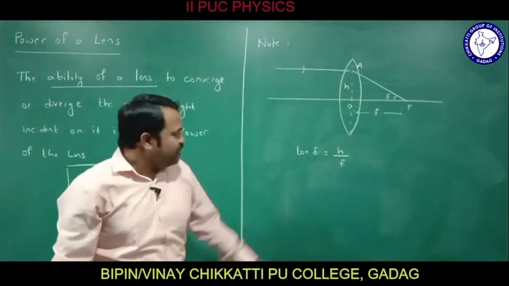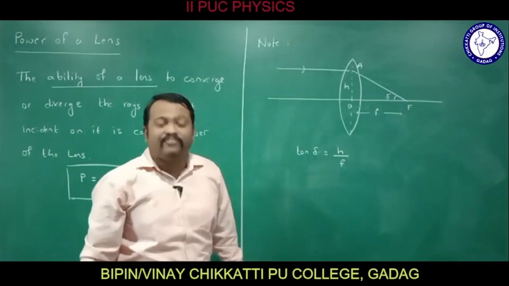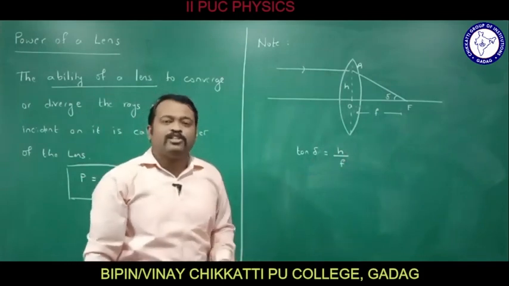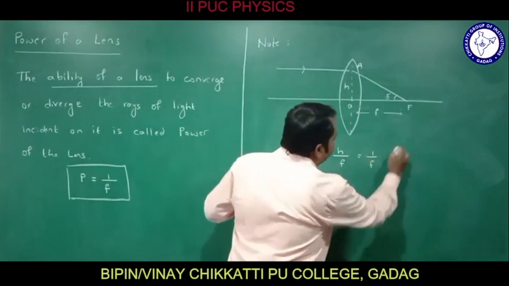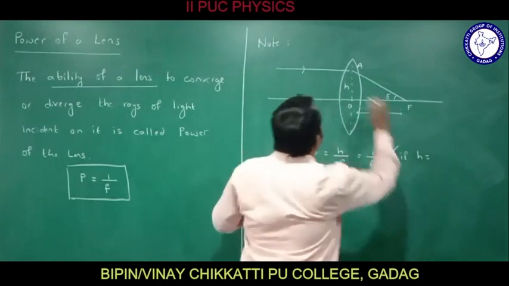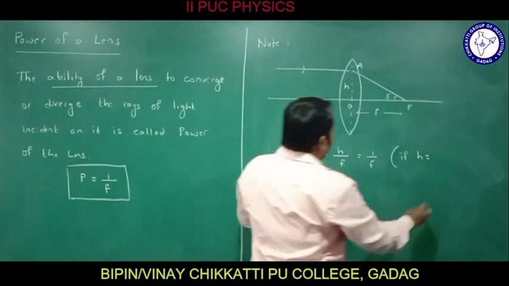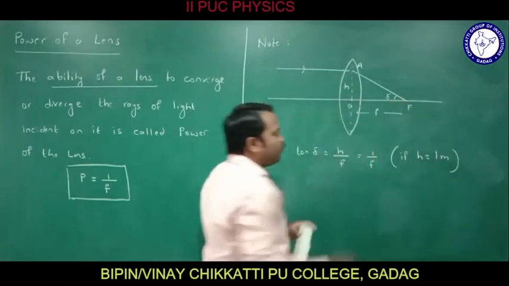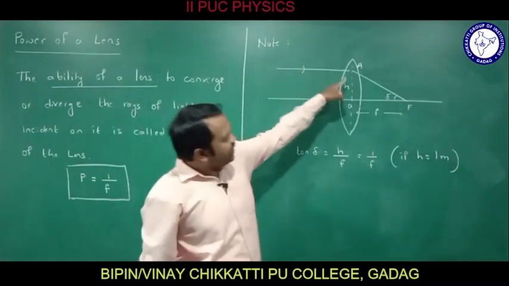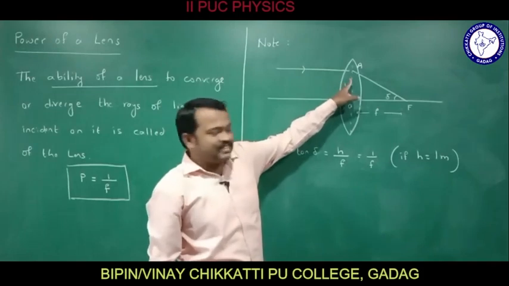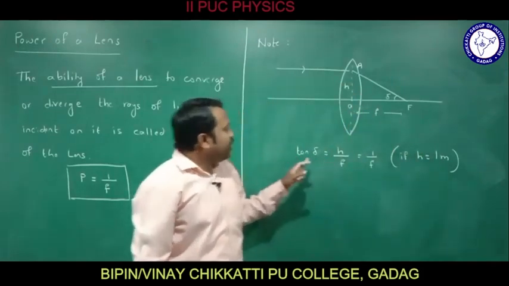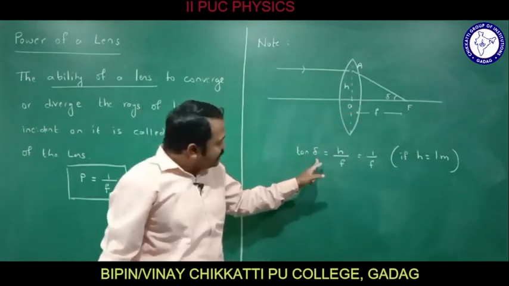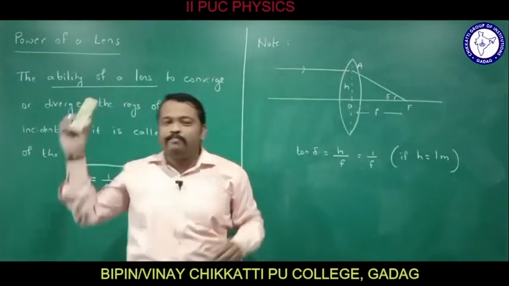F. So by this equation I can find the power of the lens, which is 1 by F. This becomes 1 by F if the incident ray distance is 1 meter. If the ray of light hits the convex lens at a distance of 1 meter from the optic center, then we can call this tan delta the power of a lens.